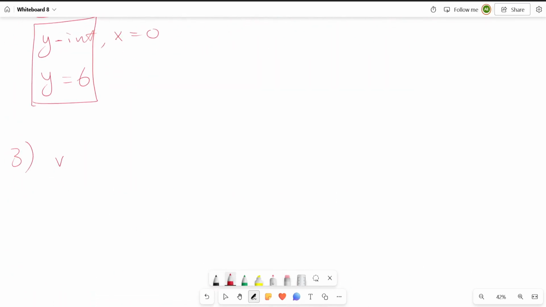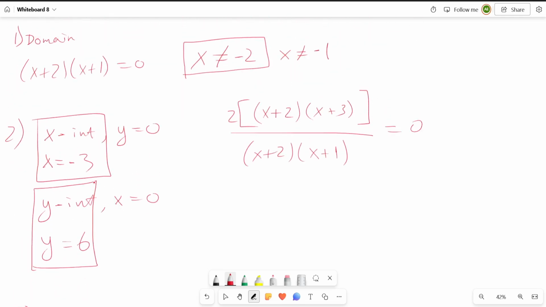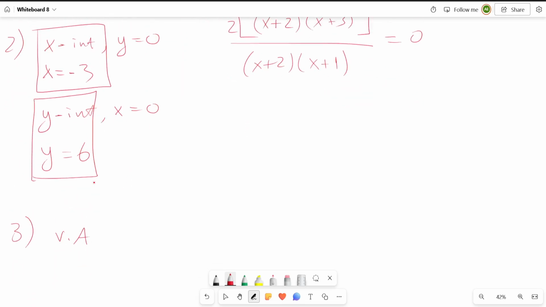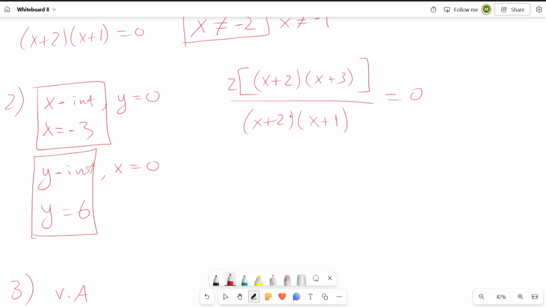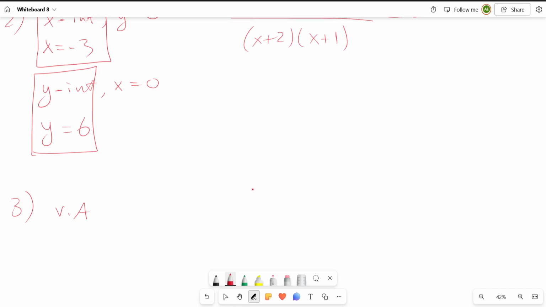For vertical asymptotes, we know that they occur at values that cause the denominator to become zero. Whenever an x value causes the denominator to become 0, this x value is called a discontinuity. A discontinuity can be of two types, either a vertical asymptote or a hole. So first, let's get our two discontinuities.